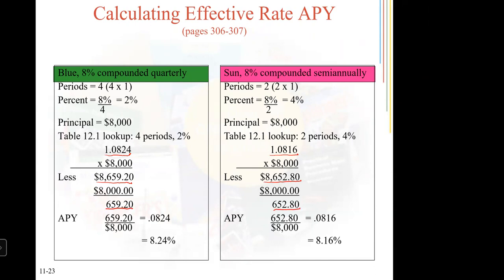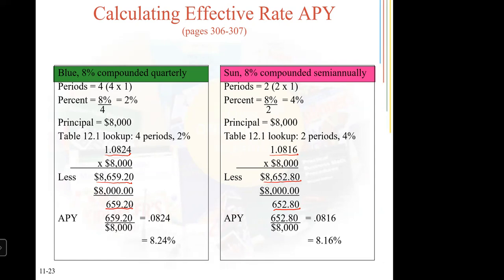So even though both banks say that they're paying you the same interest, that is, the stated interest is 8%, because the number of times that they're compounding is different, one compounding 4 times a year, one 2 times a year, you will see that the interest varies from one bank to the next.